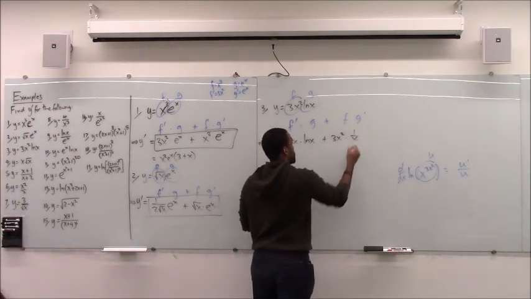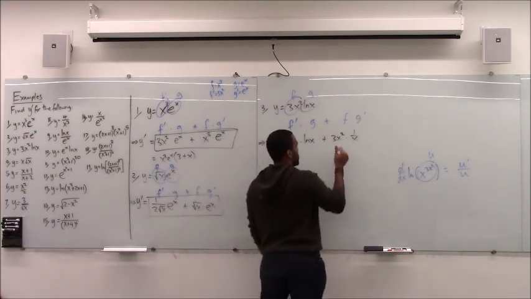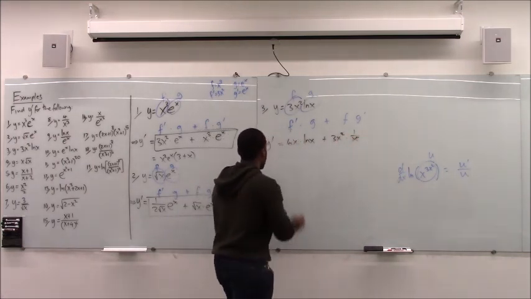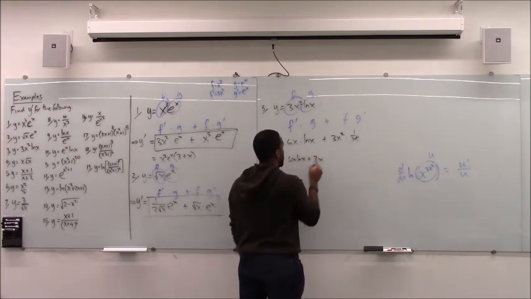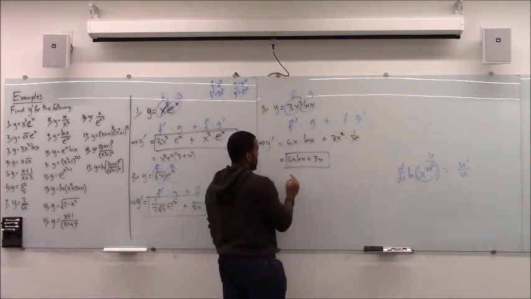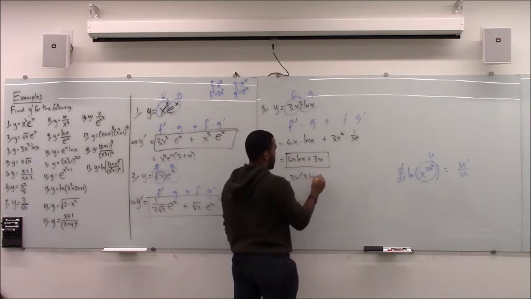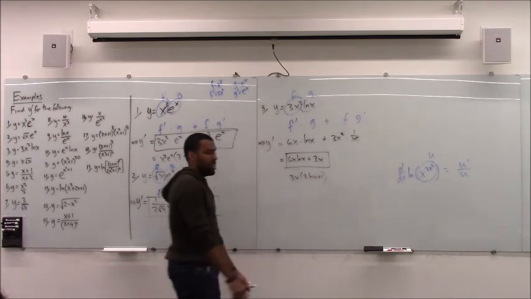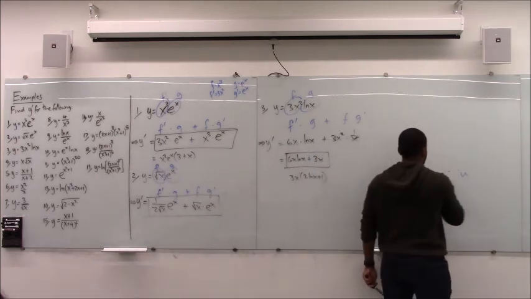Again, that's the u prime over u idea. Here you can do a nice little simplification by canceling the x's, and so this is 6x ln x plus 3x, and that's perfectly fine by me. You can factor out a 3x if you want, but I'd be okay if you didn't. So that would be that one.